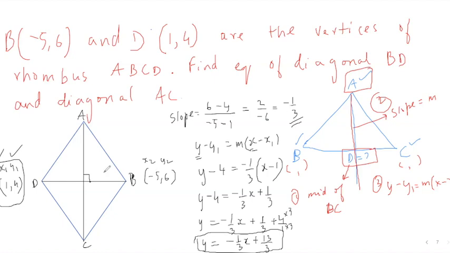Now, to find the equation of AC, what you've got to do is, you know, the slope. So if two lines are perpendicular, you know the slope of this, M1, is minus 1/3. The slope of this, that's M2, will be, can I erase that previous one?